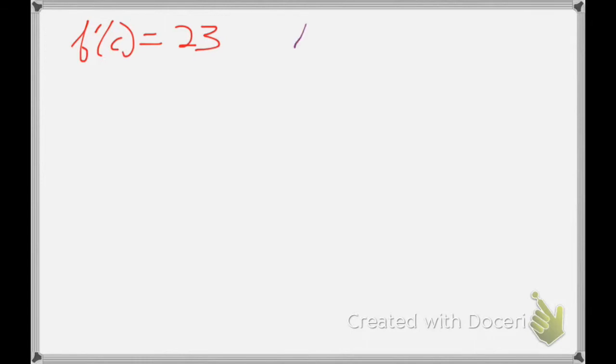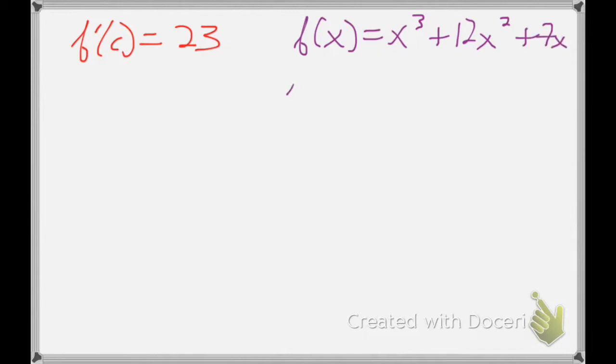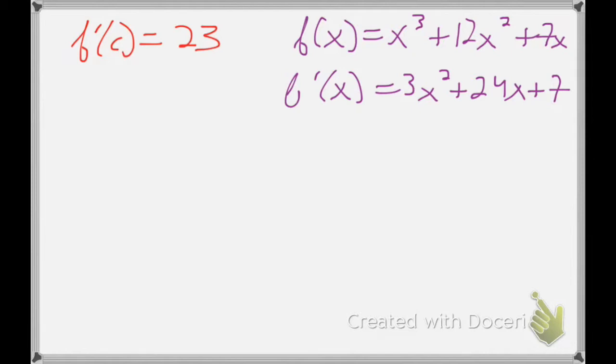So, as you recall, our initial equation was f of x equals x cubed plus 12x squared plus 7x. Therefore, our f prime of x will give us 3x squared plus 24x plus 7. And we can manipulate this equation and say that f prime of c will equal 3c squared plus 24c plus 7.